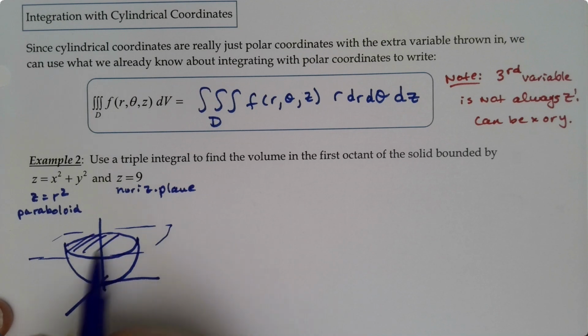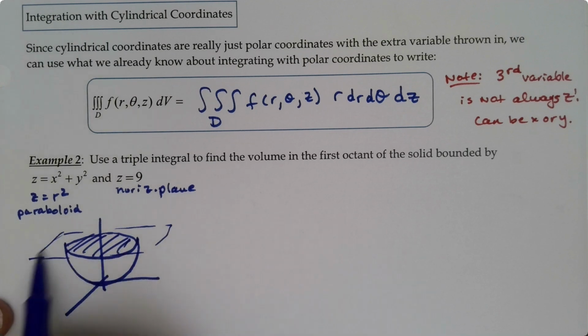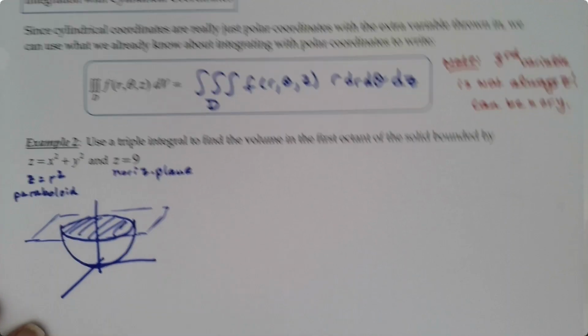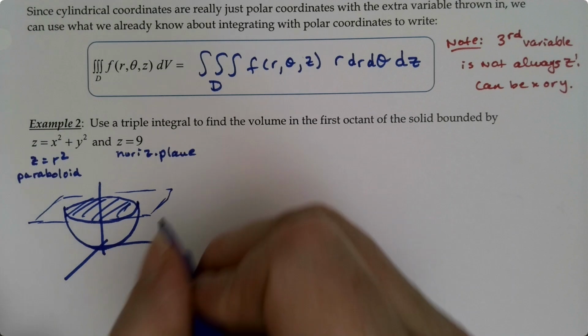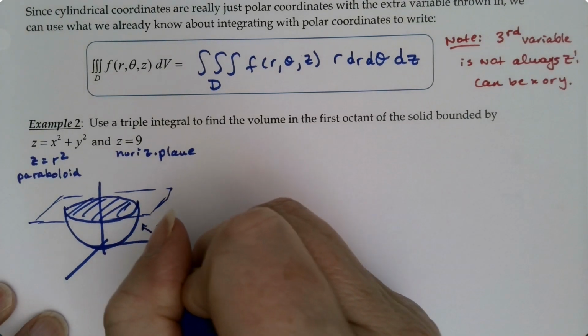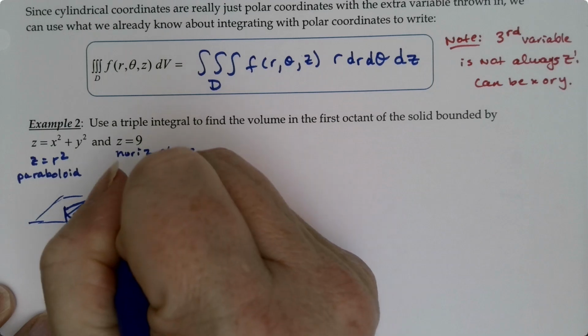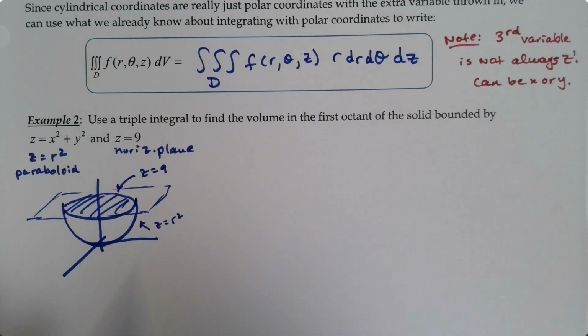So it's going to touch right there at that plane. Okay, so this is z equals r squared. Right up here is z equals 9.